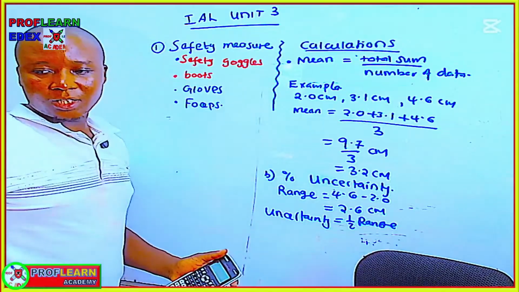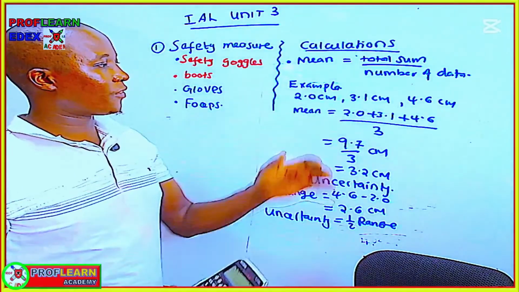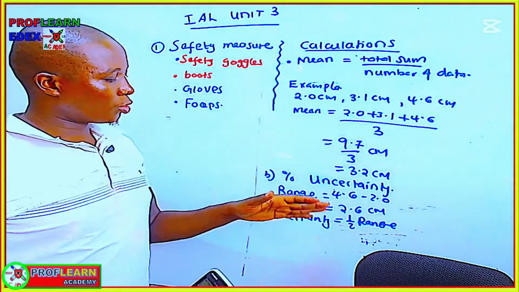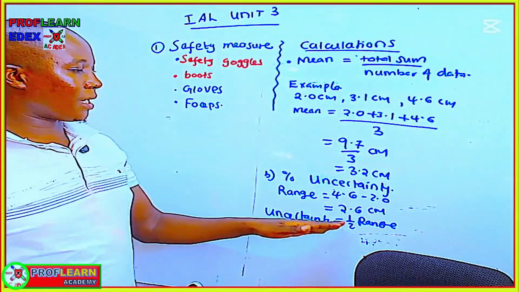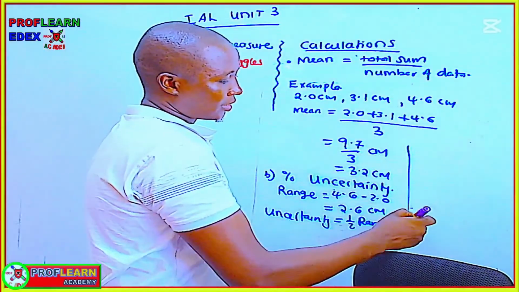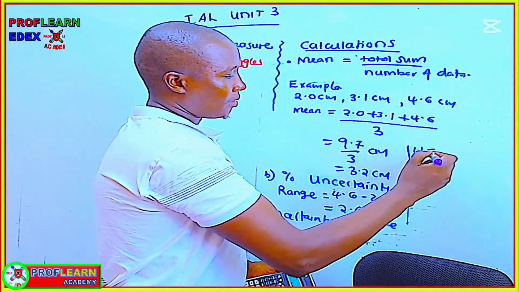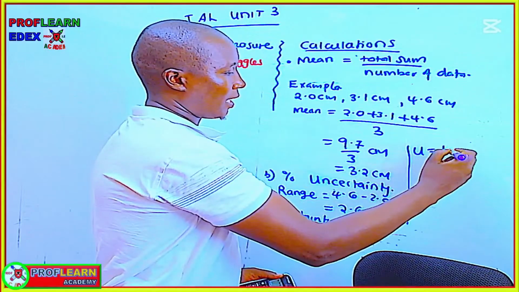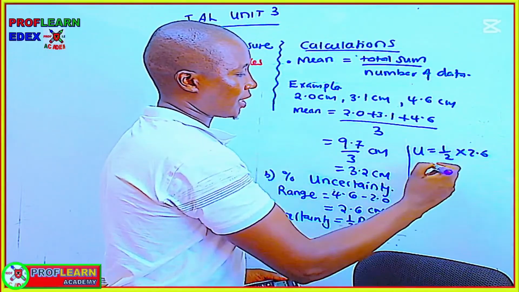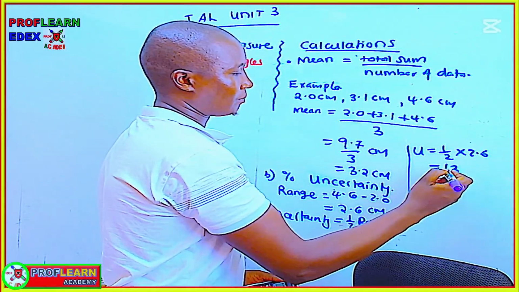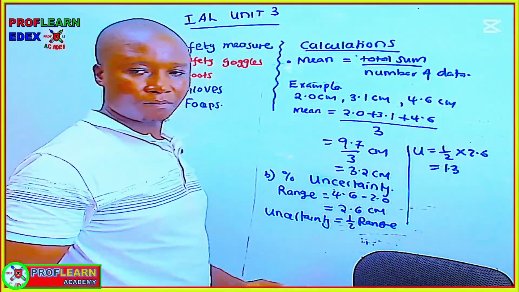If you are given a question whereby you are given a set of different values and you work out the uncertainty, it will be a half of the range. So in this case, our uncertainty becomes what? A half times 2.6, and that becomes 1.3. Then the percentage uncertainty will be the uncertainty we have, 1.3, divided by the mean. This mean that we have here, you must give it to one significant figure or two significant figures.